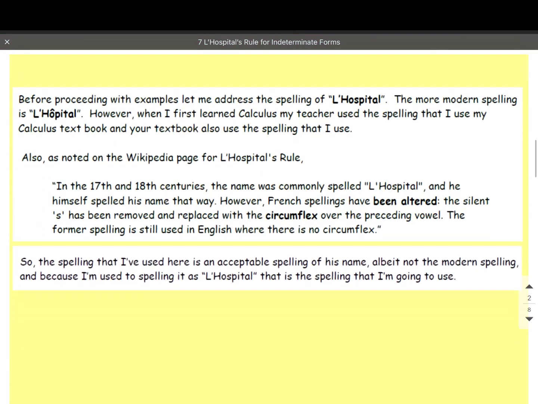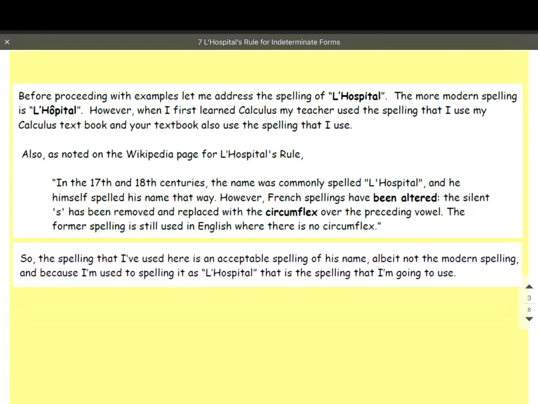Now, I did mention that the name was L'Hopital. I want to address the spelling here. Okay? This is how I'm spelling it, because I have an American computer with an American keyboard. The more modern French spelling has this O with the little caret on top. We don't have that on our American keyboard, okay?